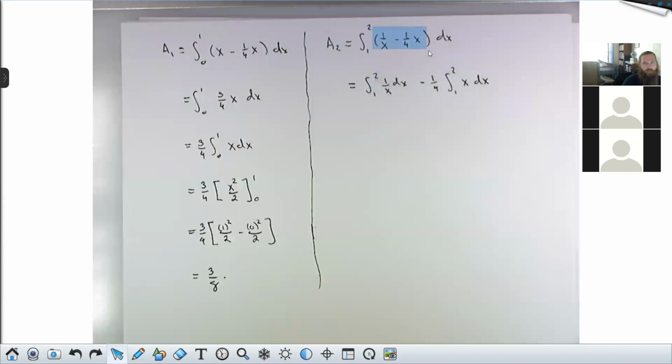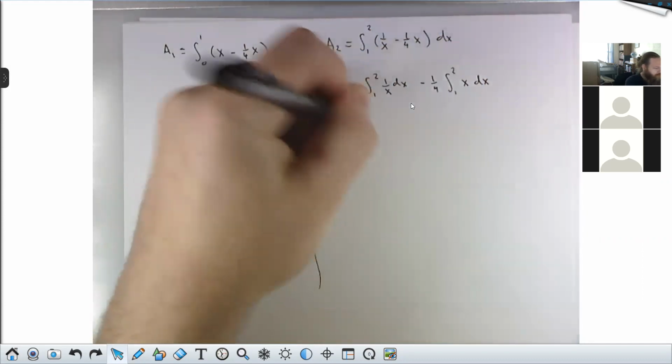It is possible to just see the antiderivative for this whole expression at once. But if you feel more comfortable splitting these up, that's totally fine. It's up to you. What is the antiderivative for 1 over x that we use here? Natural log of the absolute value of x. Very good.